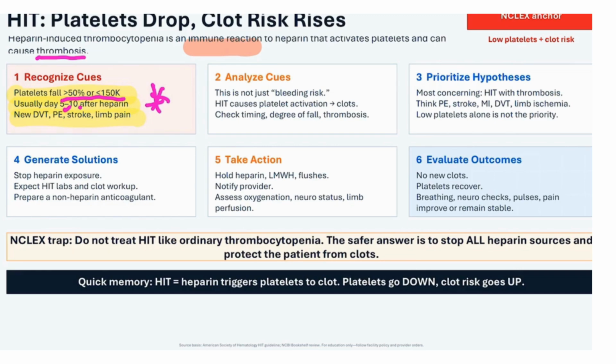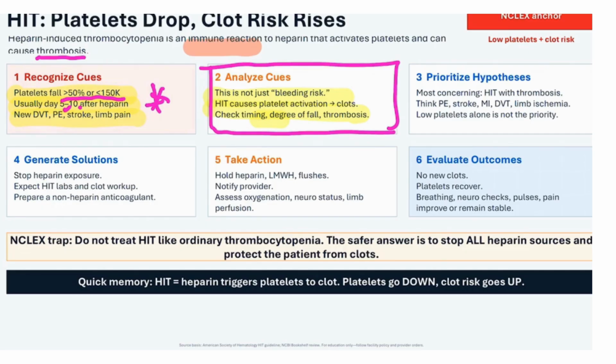So let's look at analyzing the cues. So remember, the patient is receiving heparin, the platelet count is dropping, and there may be evidence of new thrombosis. That combination should make you suspect heparin-induced thrombocytopenia.